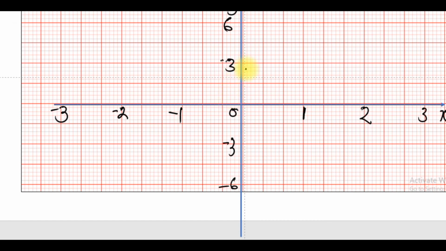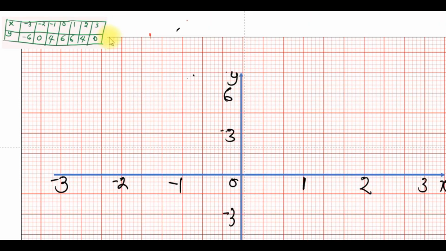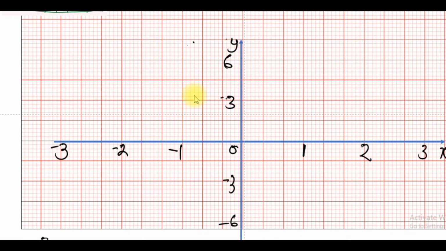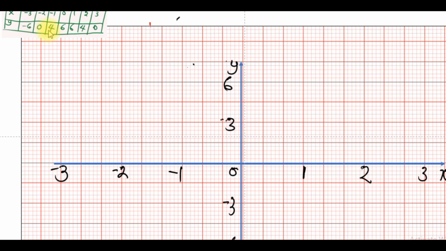So how do you get it? There's a simple way to do that. We just, 3, we are moving 3 intervals. So 3 over, what's the total grid line? We have 10 of them. So each of these grid lines for the y-axis is 0.3, or 3 over 10. So we have to do it this way because between minus 6 and 6, there is still 4 there.